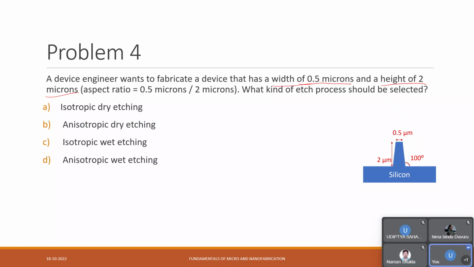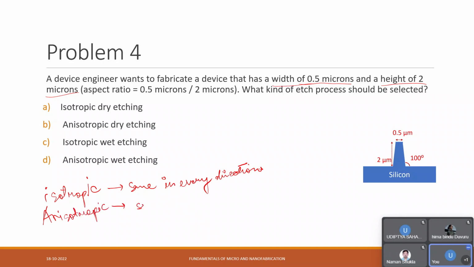Essentially, if we are using wet, it means we are using wet chemicals, and dry is essentially dry agents, gases, vapors, compounds. With isotropy and anisotropy, isotropic is the same in every direction, while anisotropic will be selective.